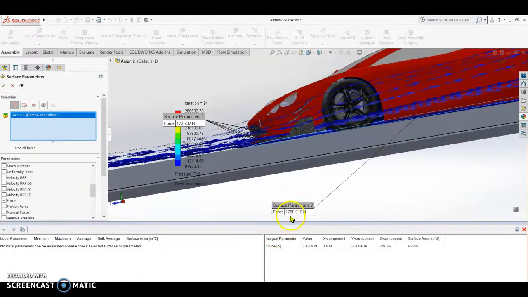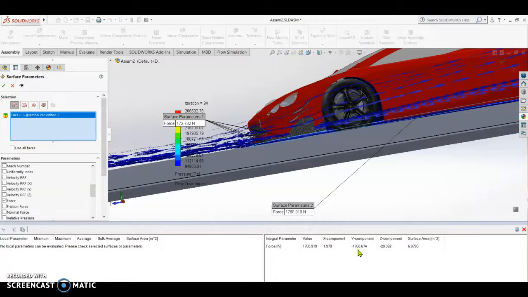So here the force is 1788 Newton, but this is a negative value. If you notice here on the y component, it's a negative 1768.674. So this is the force under the car, so therefore this is a negative value. So it's a downforce, right?